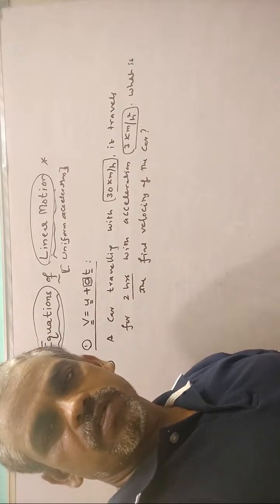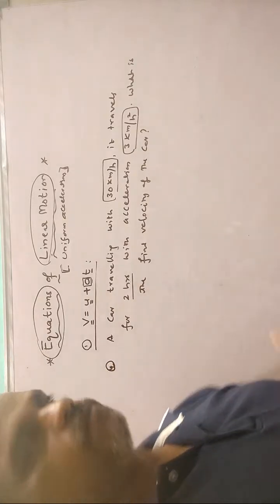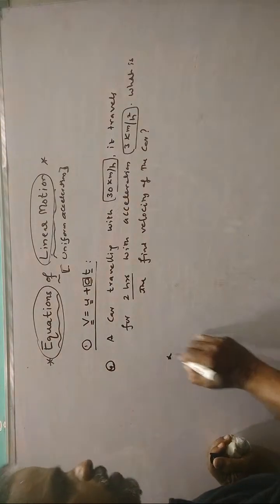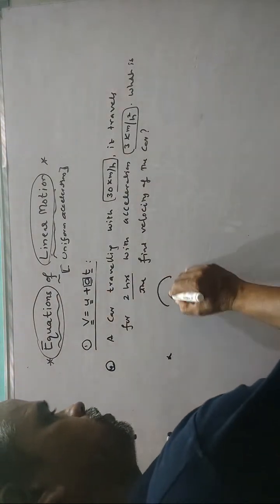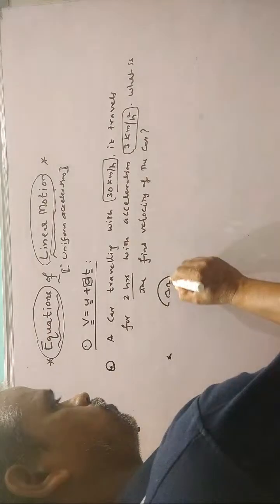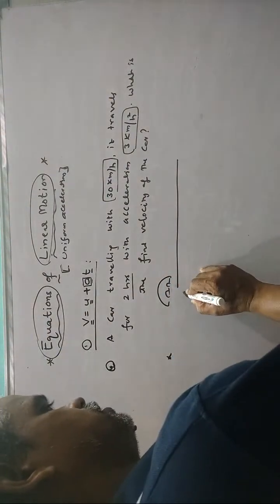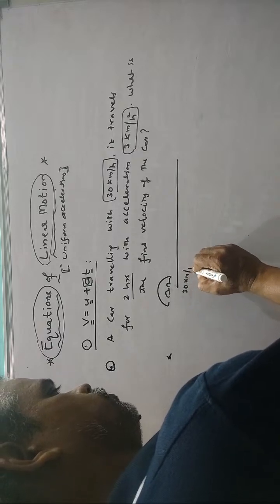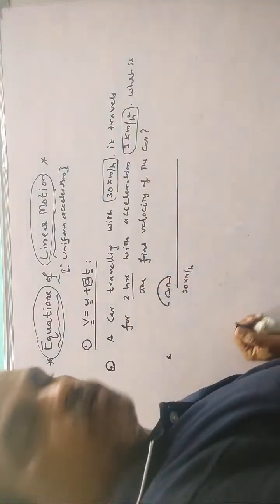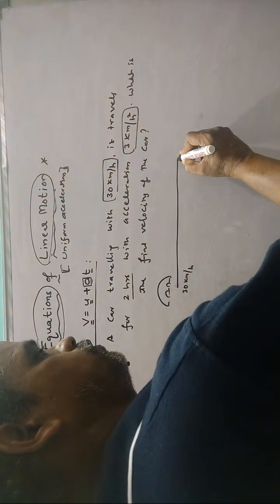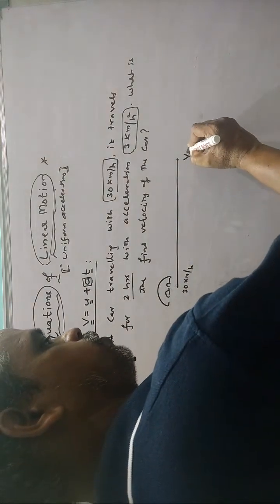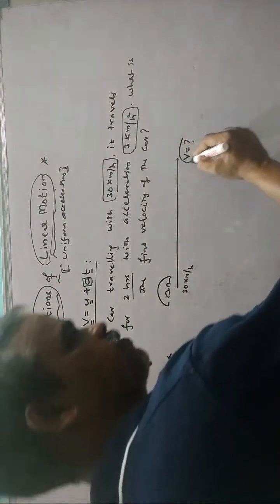So what is the final velocity? We have the information here. This is the car, it starts with 30 kilometers per hour. Then we don't know this one, we have to calculate this one only.